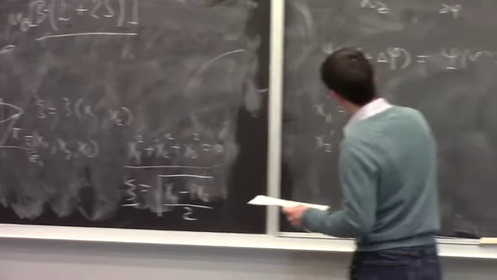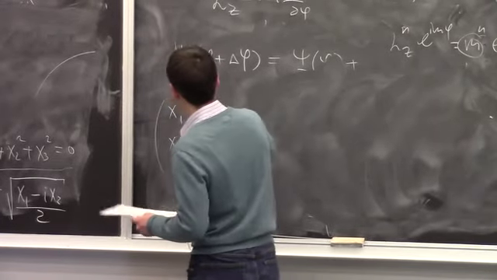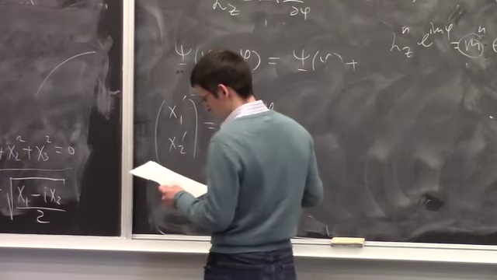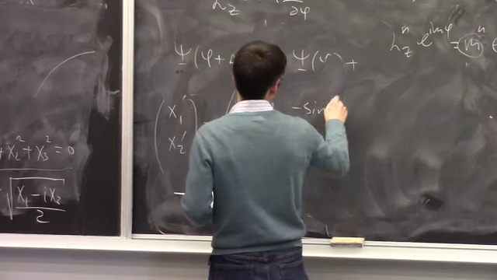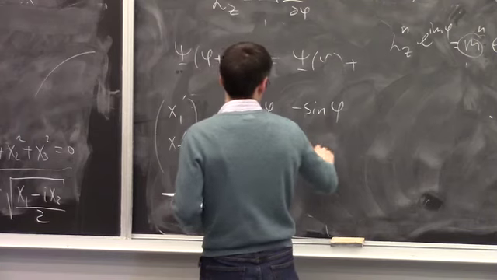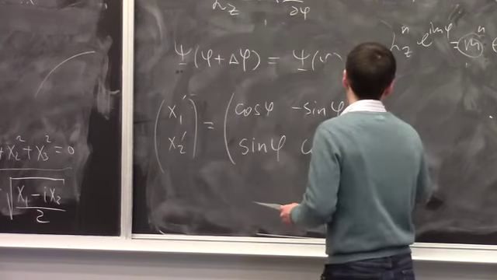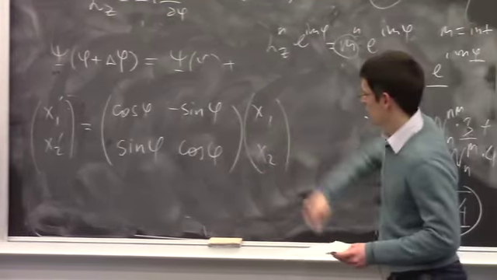And these coordinates, if we use the matrix notation, the transformation will be cosine phi, minus sine phi, sine phi, cosine phi. That's the typical rotation within a 2-dimensional space.